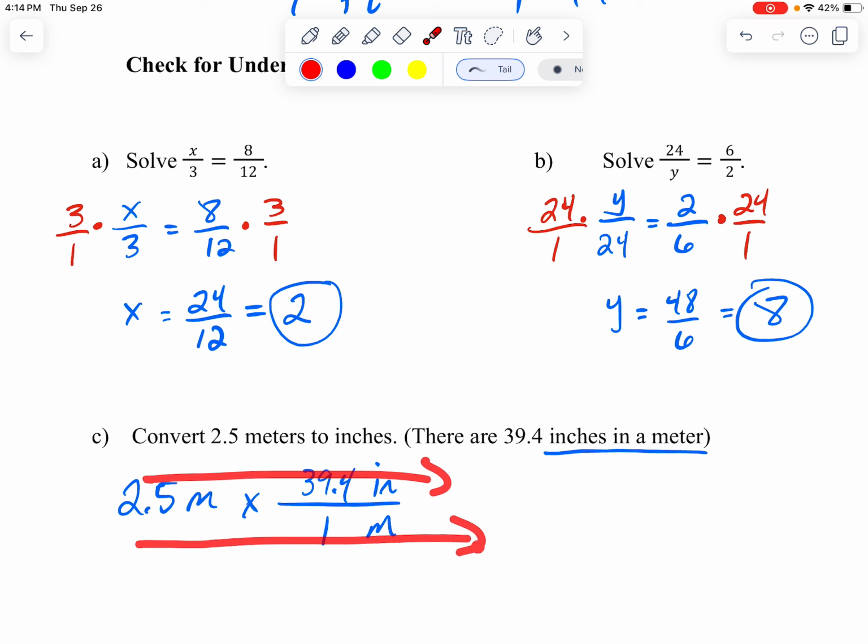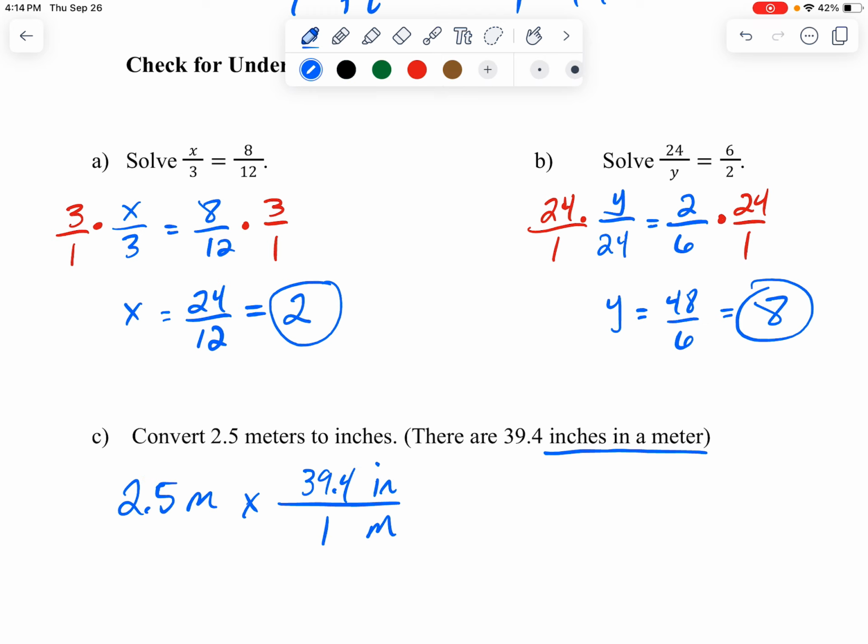Multiply straight across. 2.5 times 39.4. Should get 98.5 inches.